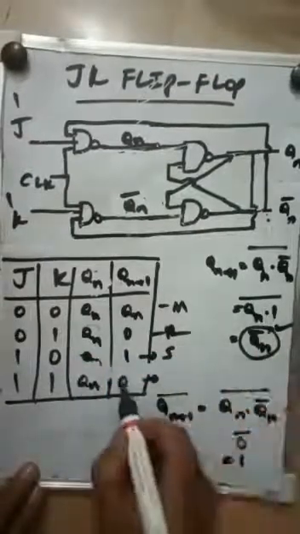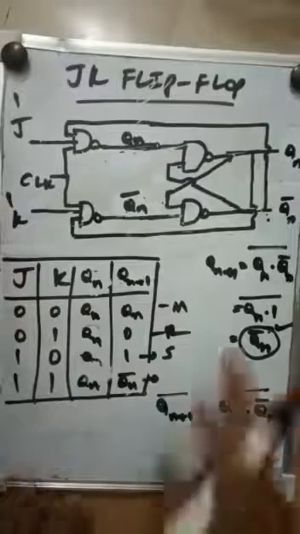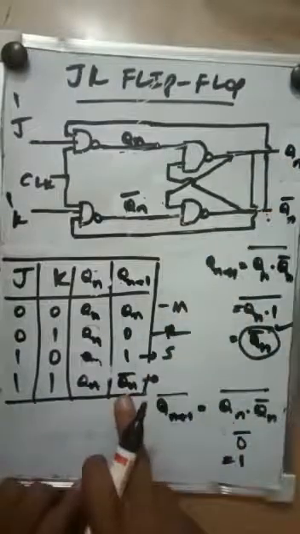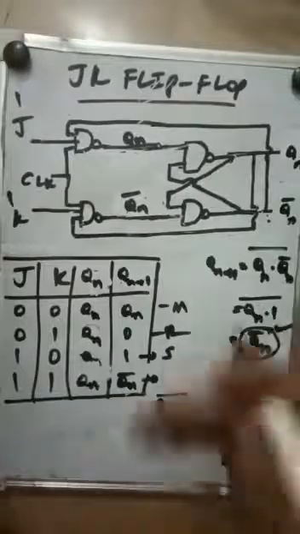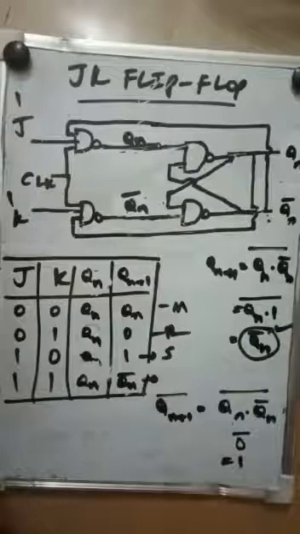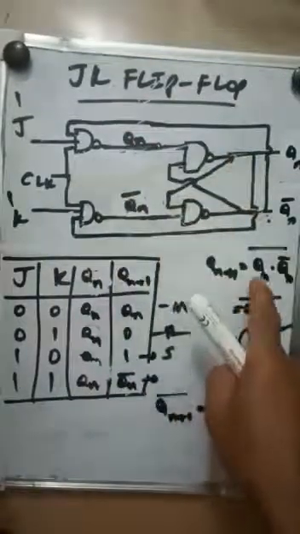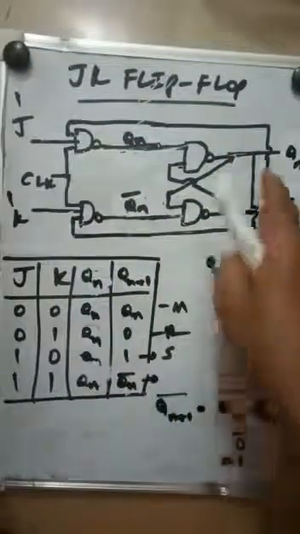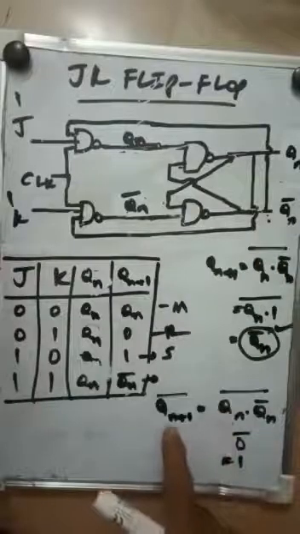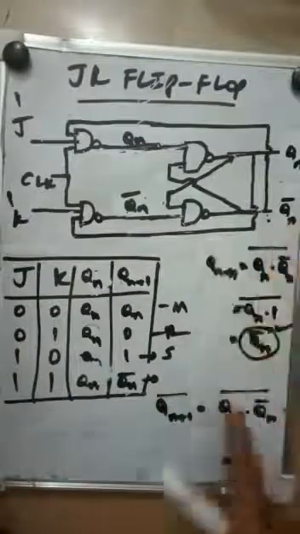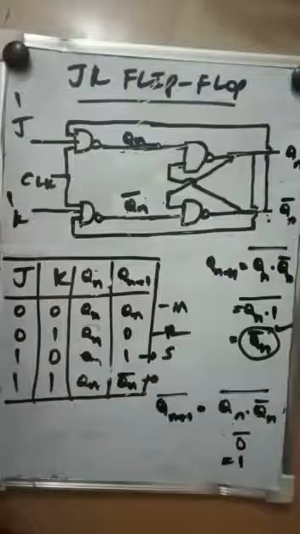Qn bar, the complement of that. If the present state is Qn bar, then the next state is Qn, the complement of that. But once again I am repeating. From this, Qn plus 1 is also Qn dot Qn bar whole bar. Similarly Qn plus 1 whole bar, the complementary state of the next state, is Qn.